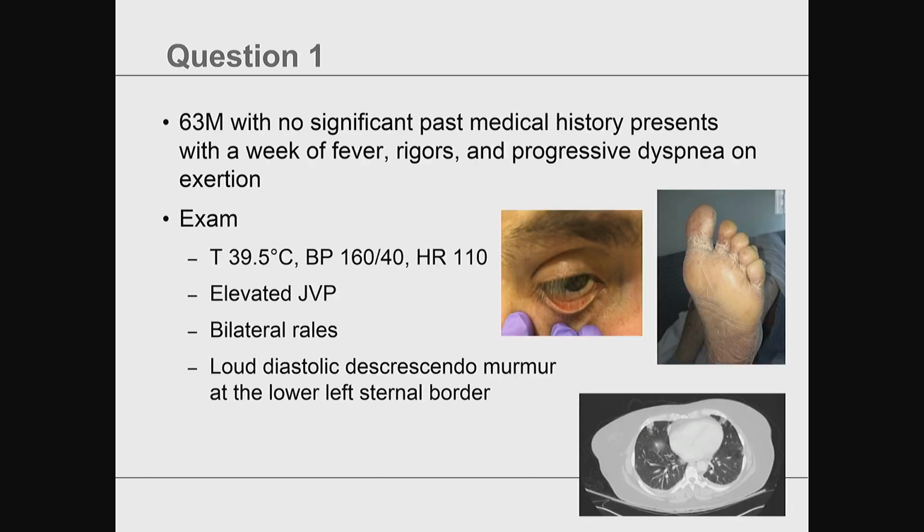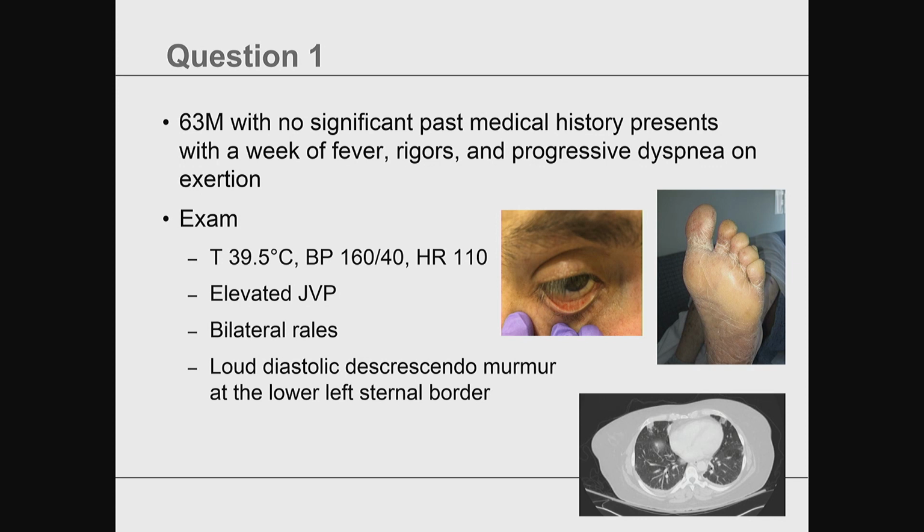Question 1. You have a 63-year-old gentleman without any significant past medical history who presents with a week of fevers, rigors, and progressive dyspnea on exertion. On exam, he is febrile with a temperature of 39.5 degrees Celsius, blood pressure 160/40, and he's tachycardic with a heart rate of 110. You see that he has an elevated JVP. He has conjunctival hemorrhage.